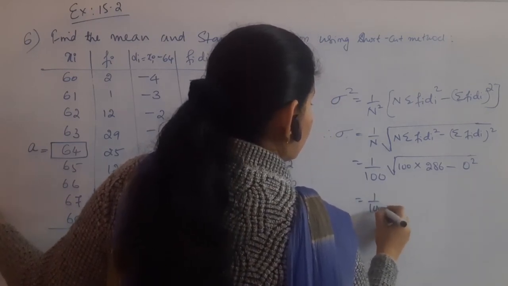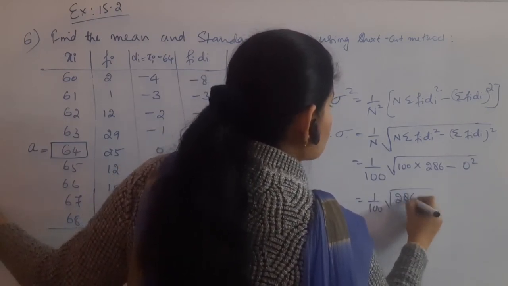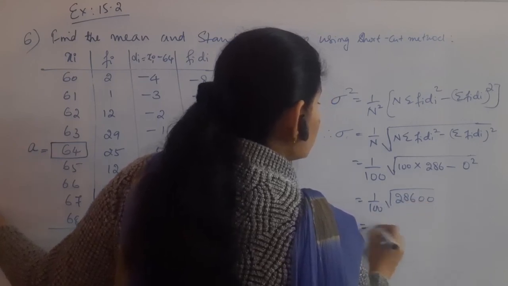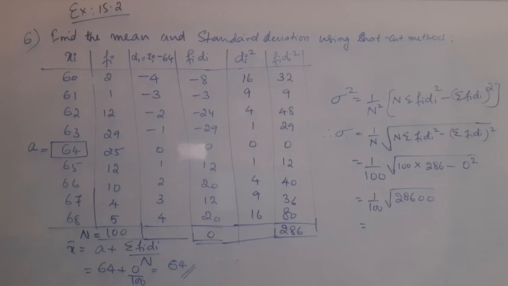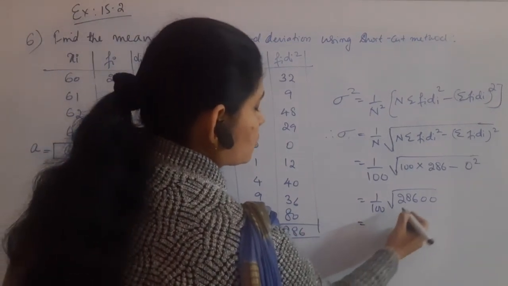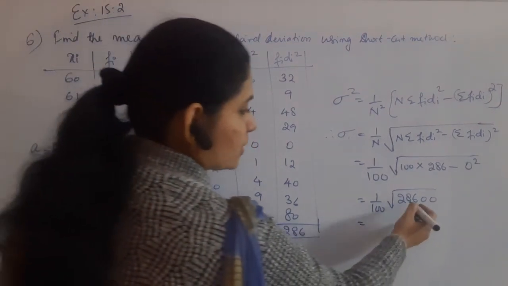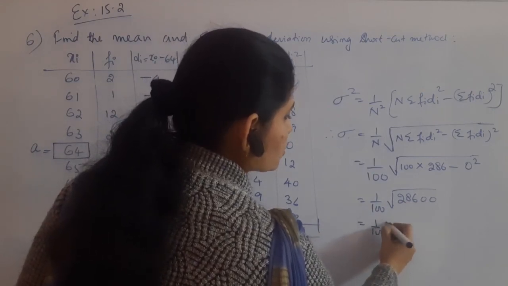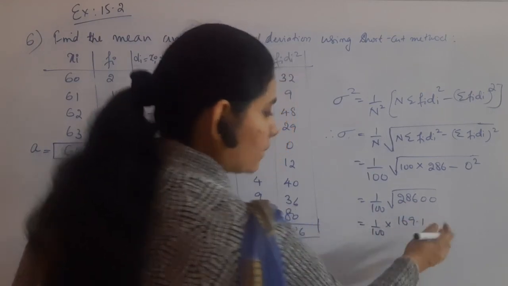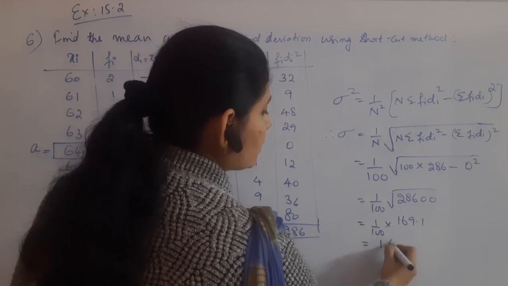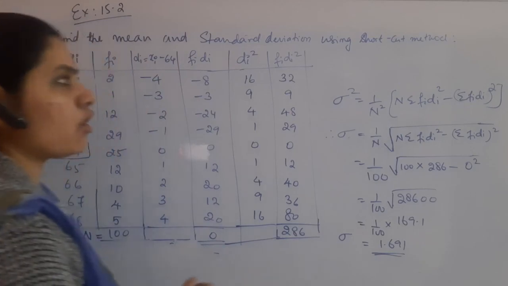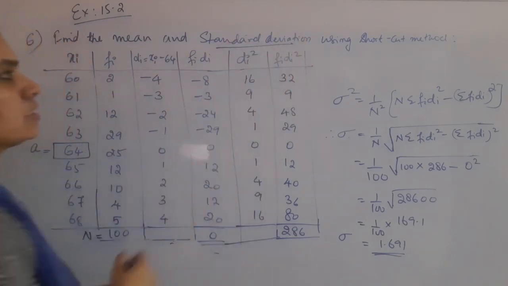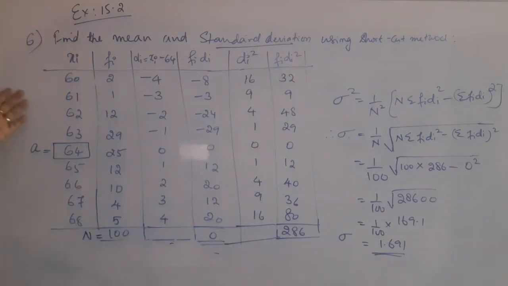So you are getting 1 by 100 into root of 28600. Now you need to find the value of root of 28600, which is approximately 169.1. So this will become 1.691 approximately. That is your sigma or standard deviation. Okay. So this is the method to do it in the shortcut way.